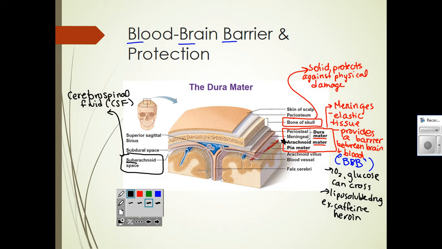So you don't just have bone and tissue, you've got a fluid to help cushion your brain. This fluid does 2 things. It transports substances, but it also cushions against shock.